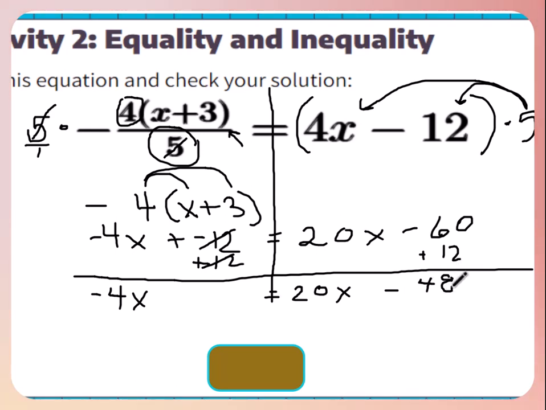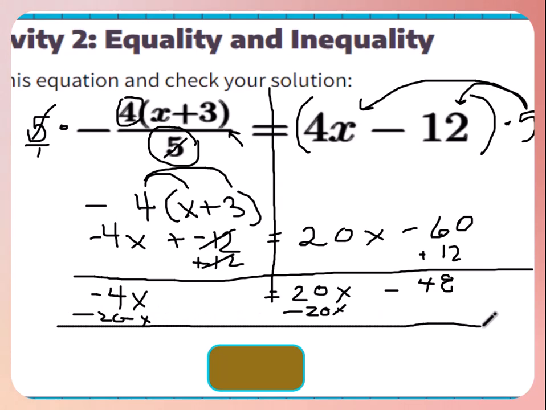Now we need to get those variable terms on the left, so subtract 20x from both sides. Minus 20x. Draw your line. Negative 20x plus a negative 4x, not 40, negative 4x is negative 24x. Equal, and then this is going to be 0. I'll go ahead and write that over here. Negative 48. Divide both sides by negative 24.